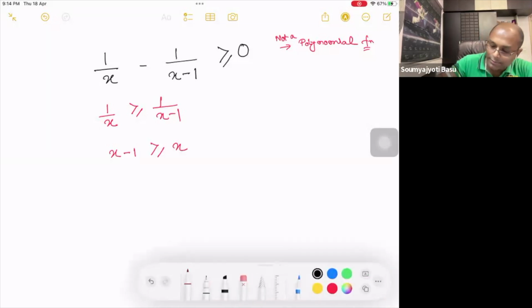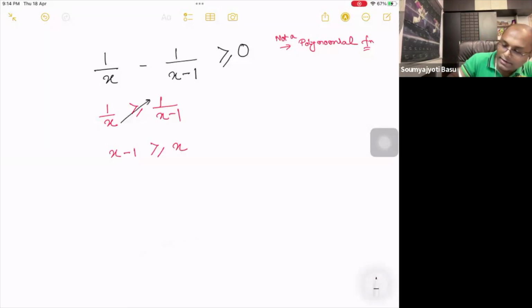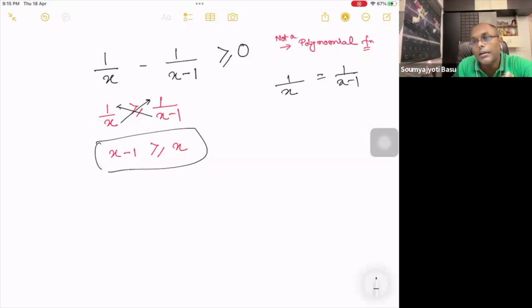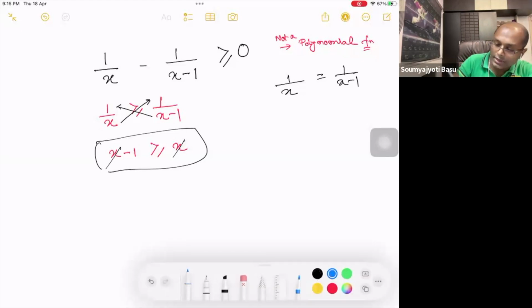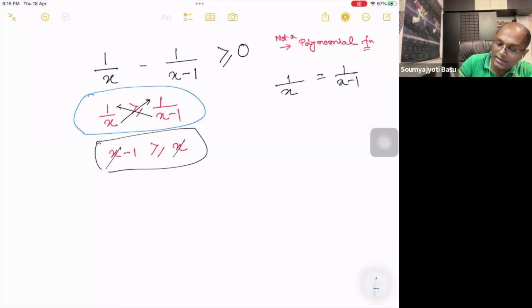You must have cross multiplied this. We used to do it in equations, right? Had this been equal, we would have cross multiplied. And after that, you might have been confused what to do with this because x from both sides gets cancelled out. Now, let me tell you, this step of cross multiplication is absolutely wrong in inequality.